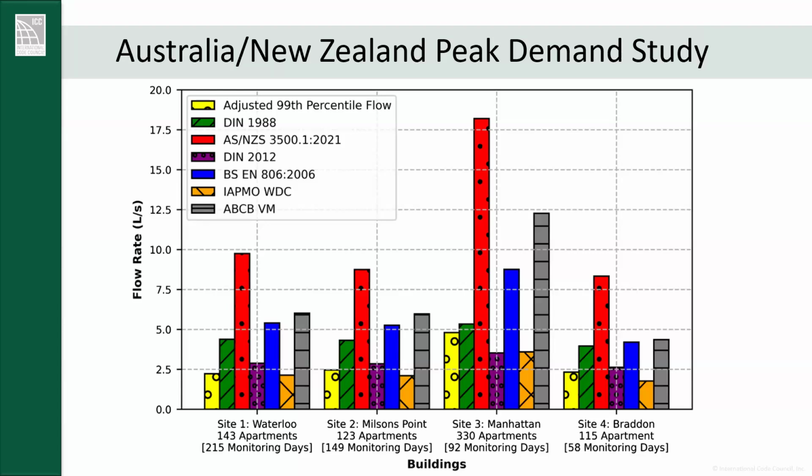They did research on four apartment buildings, and the red bars are their predicted peak demand method, and the yellow bar is the actual flow rate use. You can see that the predicted demand is way higher than the actual use.